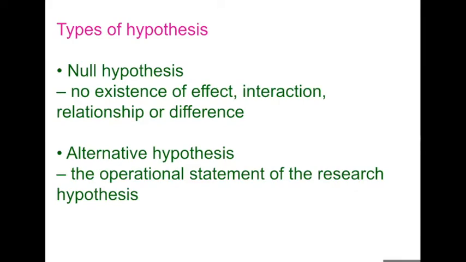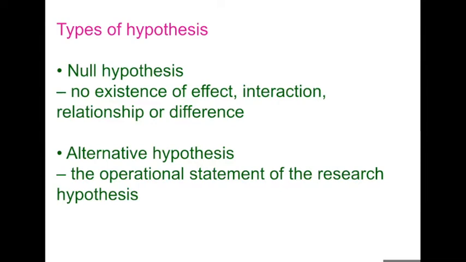Okay? You just need to write your null hypothesis and alternate hypothesis. So null hypothesis: there is no existence of effect, interaction, relationship, no difference. Okay, so there is no difference between this and that. Okay, or there is no interaction between this and that.